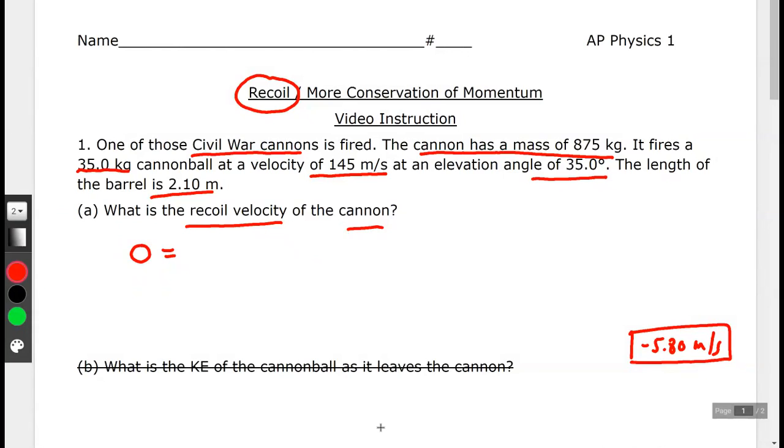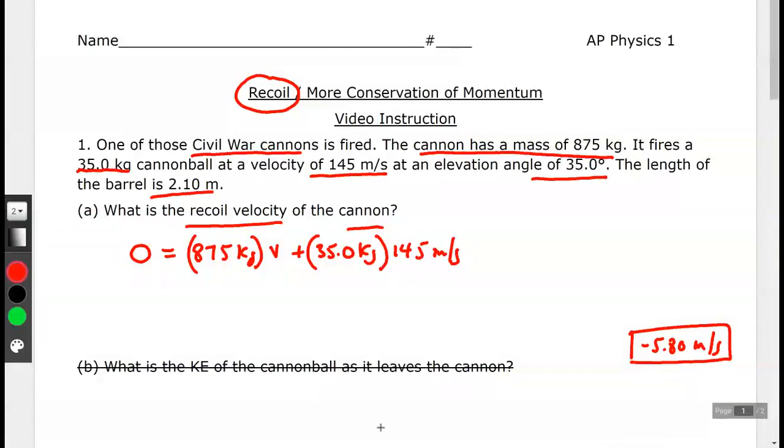Then the cannon is fired and it's got a momentum. The cannon has a mass of 875 and a velocity we don't know, so we call it V. The cannonball is 35 kilograms. Its velocity is 145 meters per second.